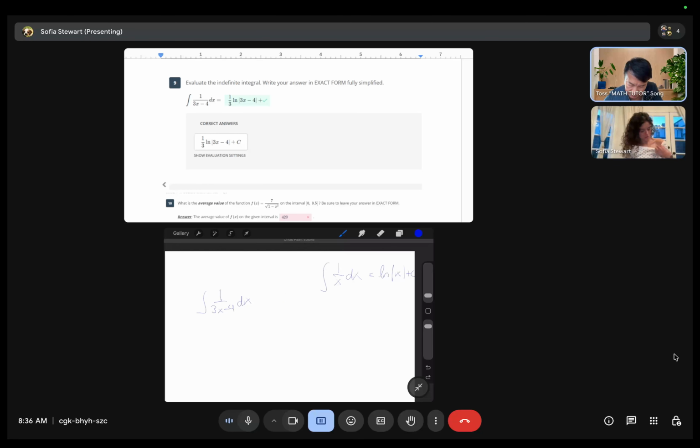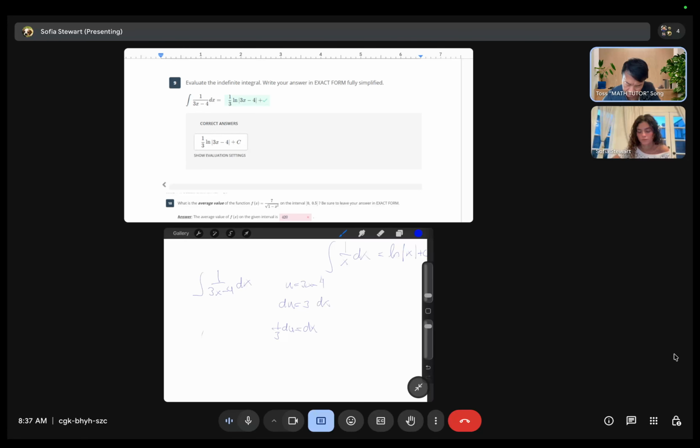That's what I think. So here, let u equal 3x minus 4, du equals 3 dx. So it's 1/3 du equals dx. Therefore, the u substitution will be 1 over u, with 1/3 outside here, du.